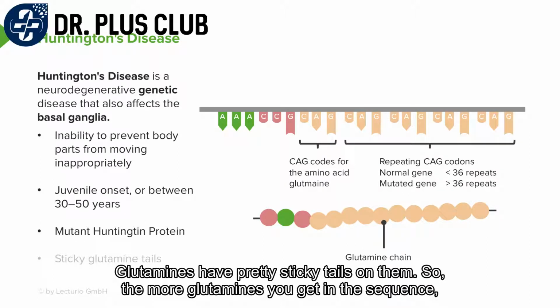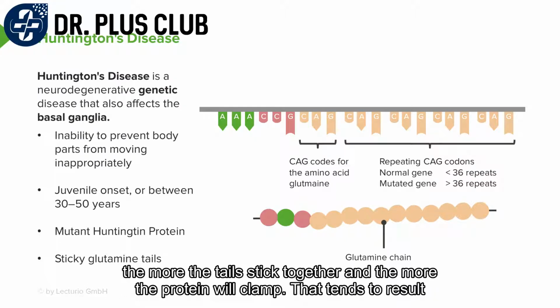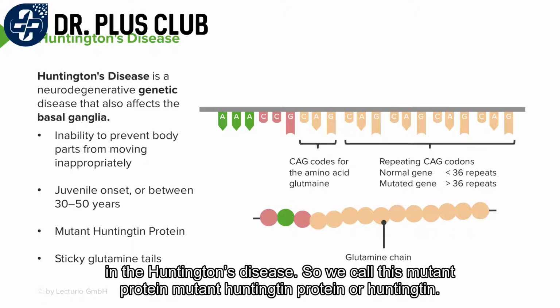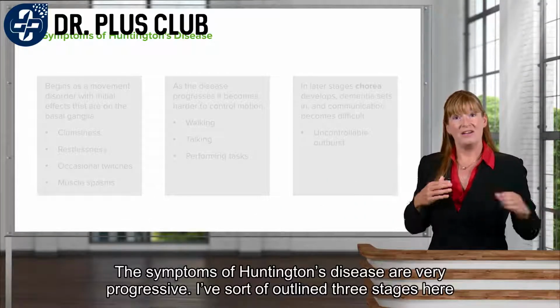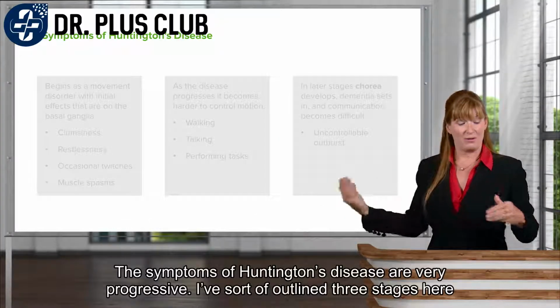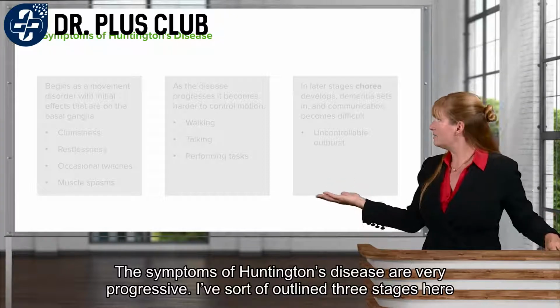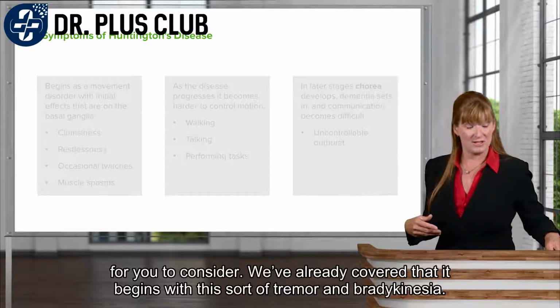And glutamines have pretty sticky tails on them. And so the more glutamines you get in the sequence, the more the tails stick together and the more the protein will clump. And that tends to result in Huntington's disease. So we call this mutant protein mutant Huntington's protein, or Huntingtin. The symptoms of Huntington's disease are very progressive, and I've sort of outlined 3 stages here for you to consider.